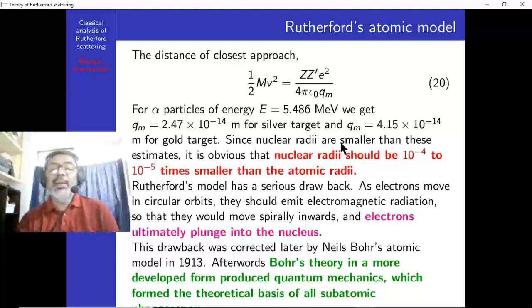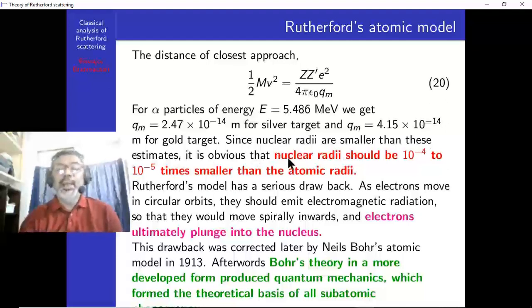Since this is estimated from scattering by Coulomb repulsion, the actual nuclear radii will be even smaller than these estimates. So it is obvious that the nuclear radii should be 10 to the power minus 4 to minus 5 times smaller than the atomic radii.